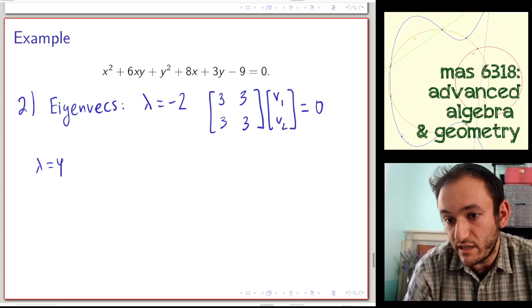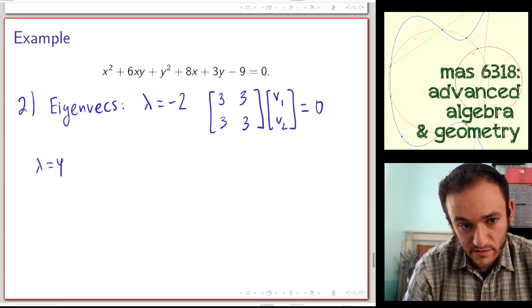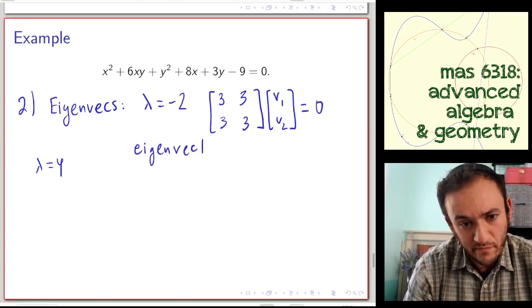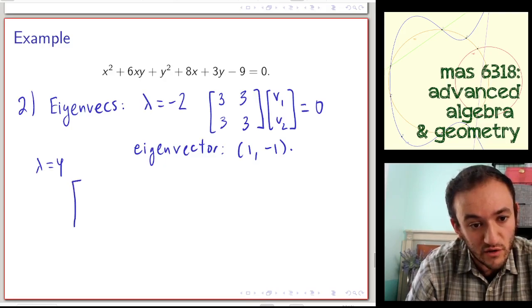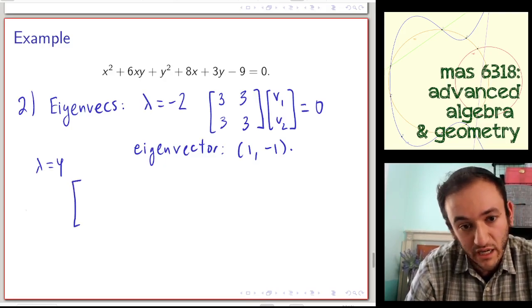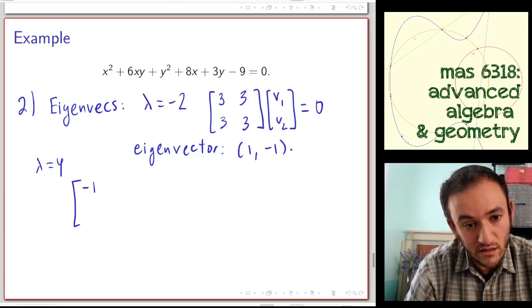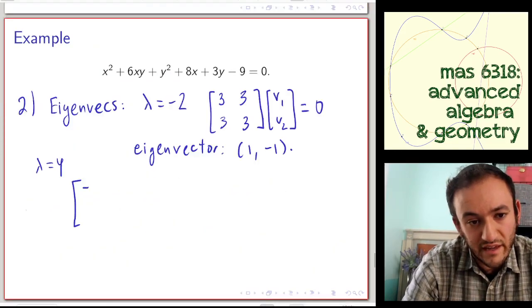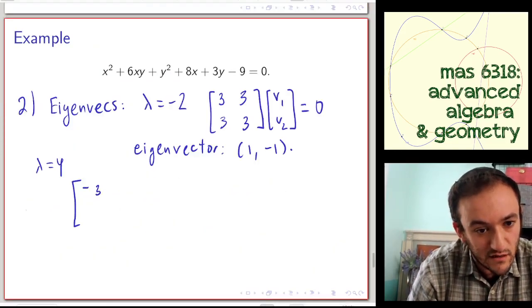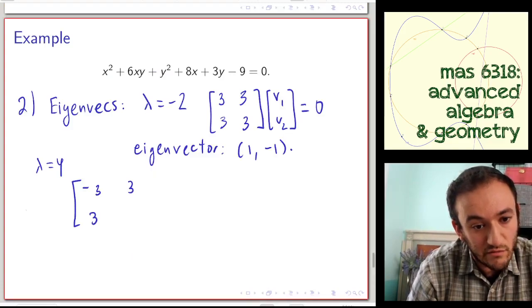Well, then just v1 is equal to minus v2. So an example of an eigenvector corresponding to lambda equals minus 2 would be the vector 1, minus 1. As for lambda equals 4, the corresponding matrix A minus lambda I would be minus 1. Sorry, that should be minus 3. That makes more sense. 3, 3, minus 3.